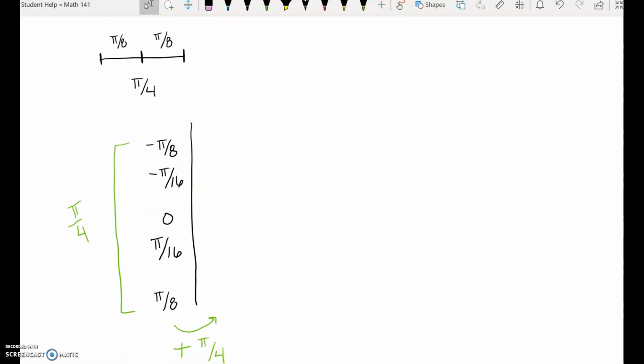So we'll have, let's see, -1/8 plus 1/4 is 1/8. This will be pi over 8.